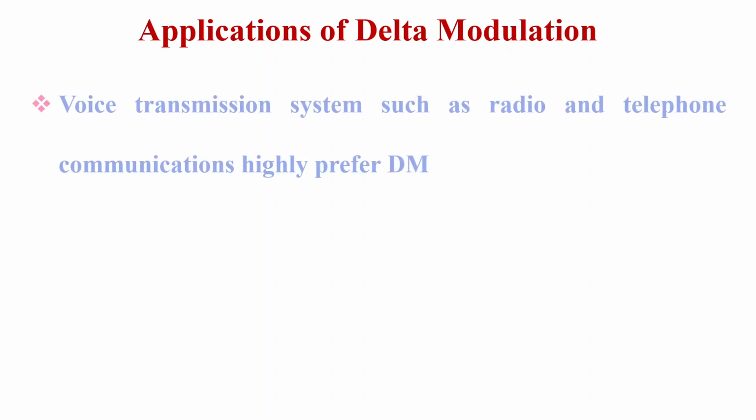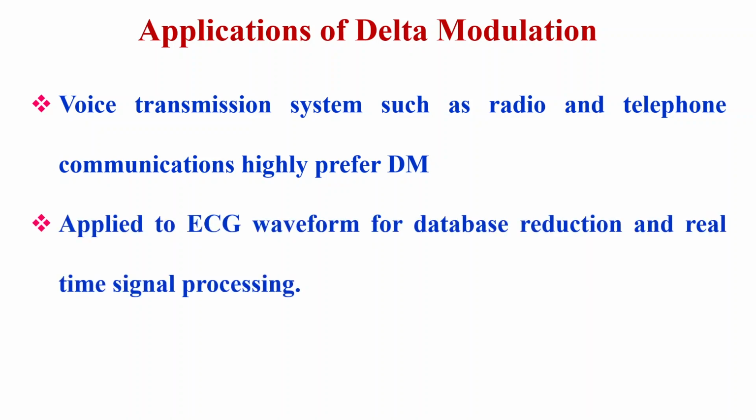And applications of delta modulation: for sending voice signals through radio or telephone communications, we will prefer delta modulation. For ECG waveforms, to store the database of ECG waveforms, we will use delta modulation, and for real-time signal processing also delta modulation is most suitable.